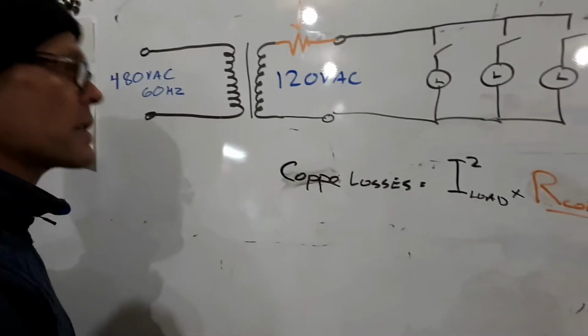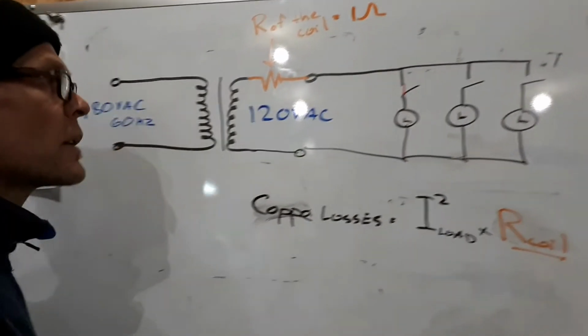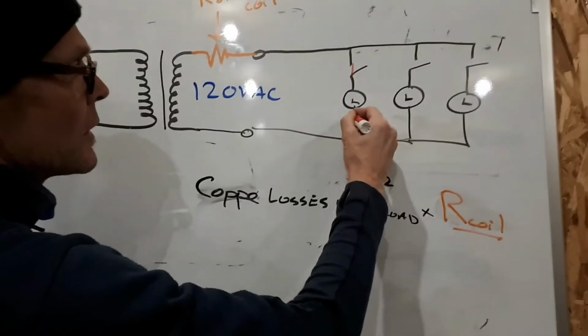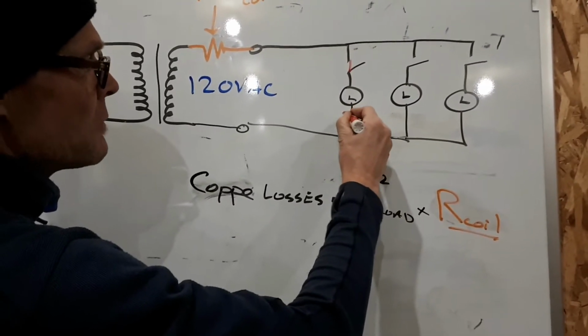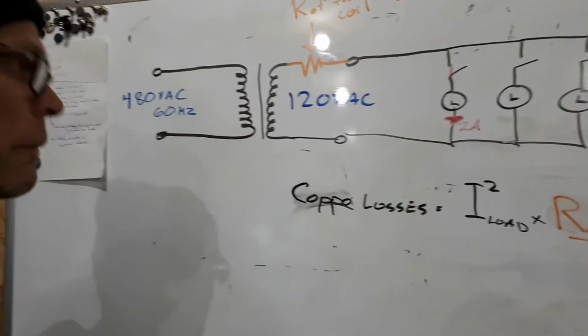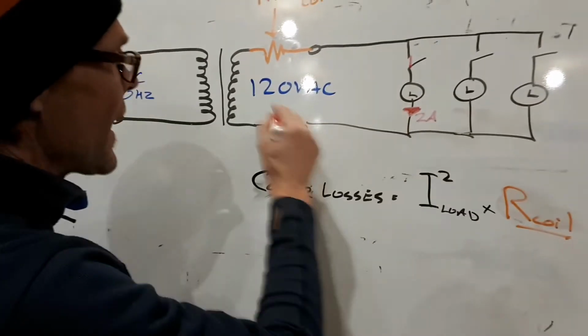Our next thing that we're going to do is close this switch. When we close that switch, let's say we get some current flowing. Close that right there, and let's say we have 2 amps flowing. Remember, current always wants to flow back to the source.